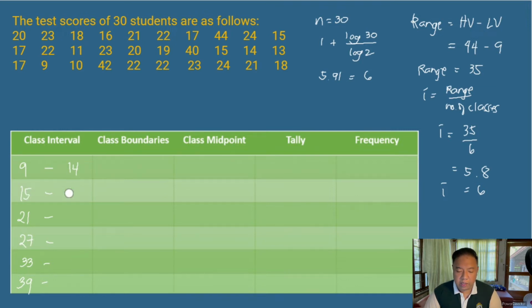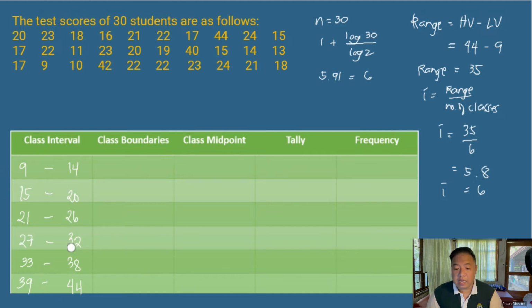So, this is 20, 26, 32, 38, 44. Okay. So, that will be the class interval po natin. So, tandaan ninyo ha, 6 na classes. 1, 2, 3, 4, 5, 6. So, yan yung nakuha natin.